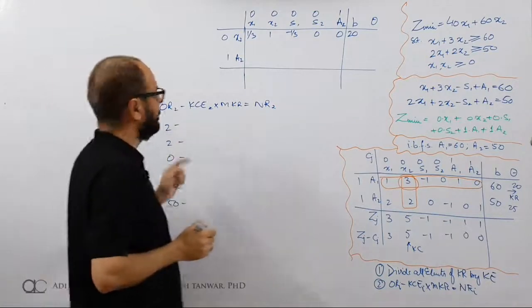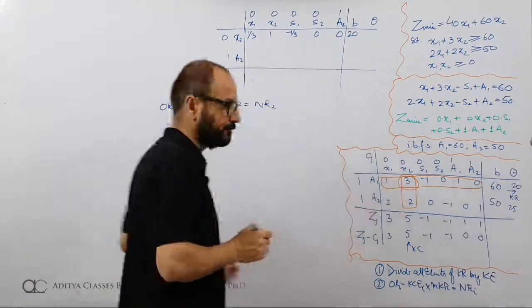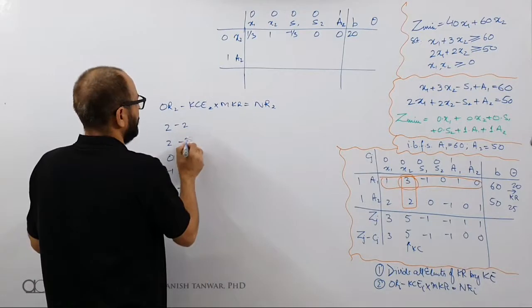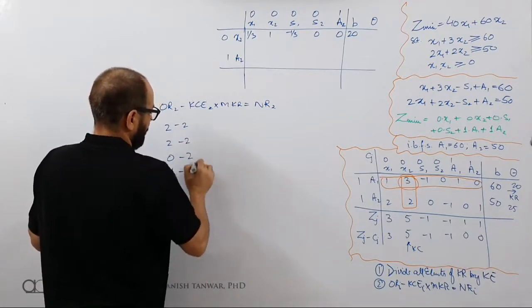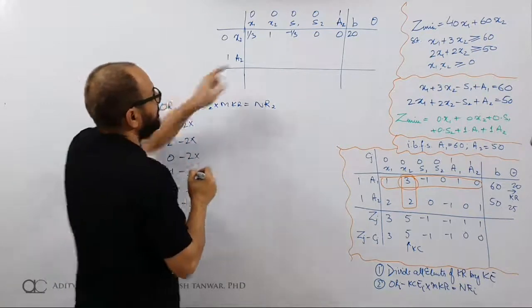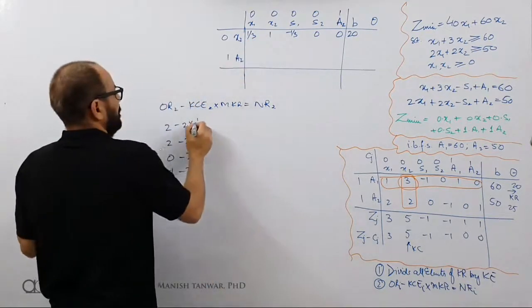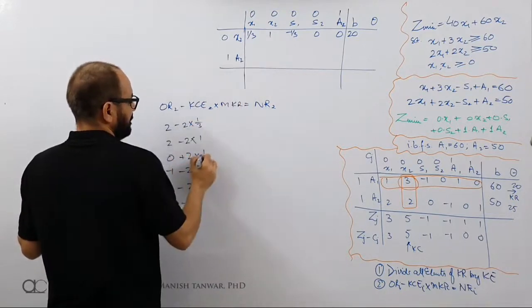Then we have key column element 2, multiplied by modified key row. Modified key row is this one. Negative would adjust over here.